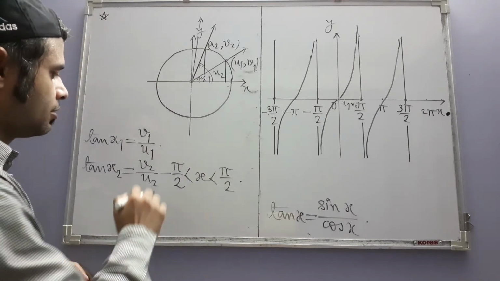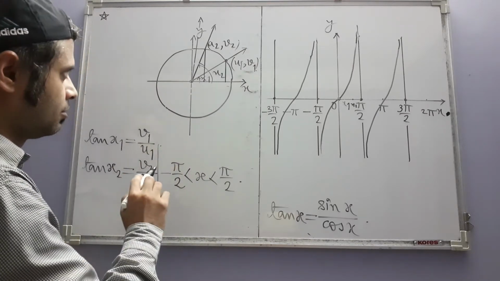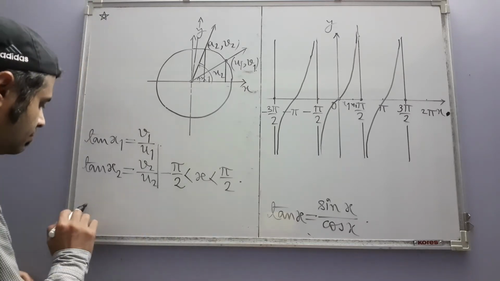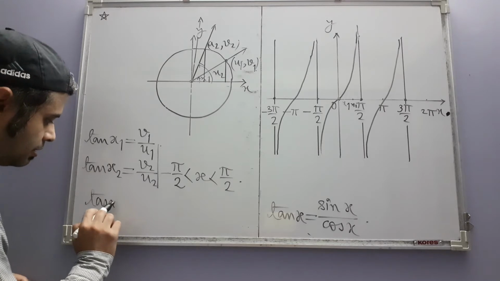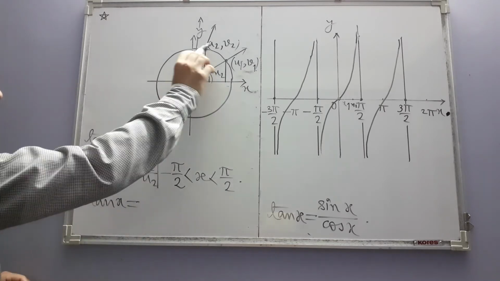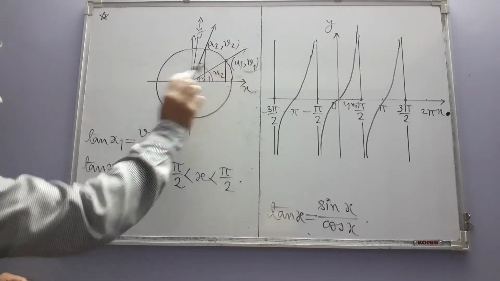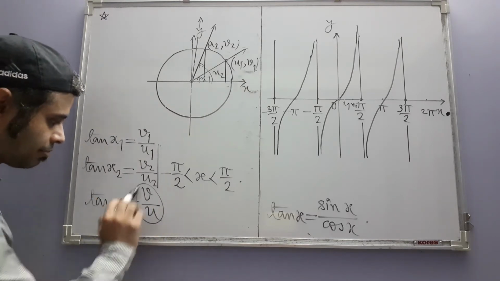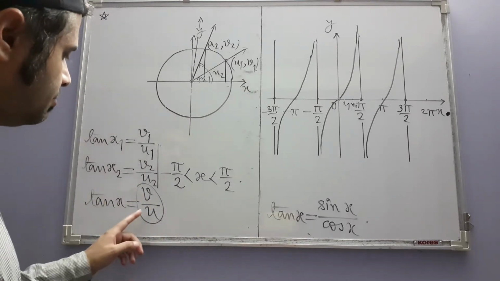What do you think will ultimately happen? Tan x is, or because we are denoting the things here by u and v, what will happen to this quotient?